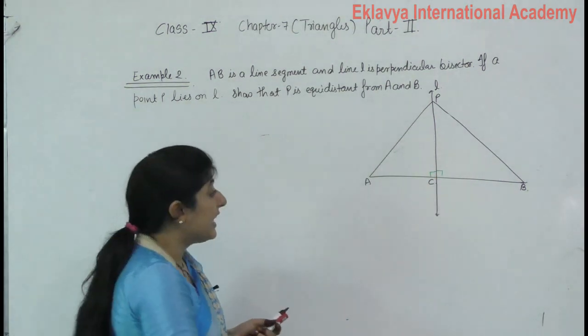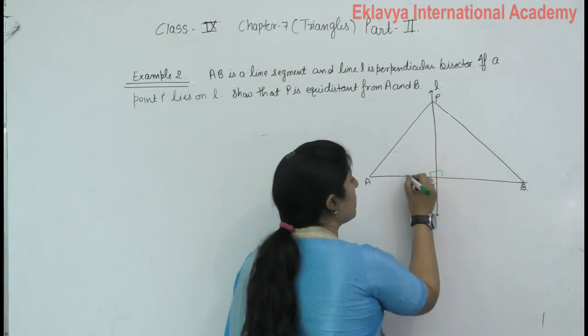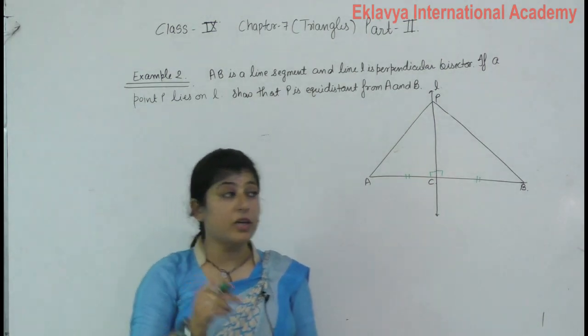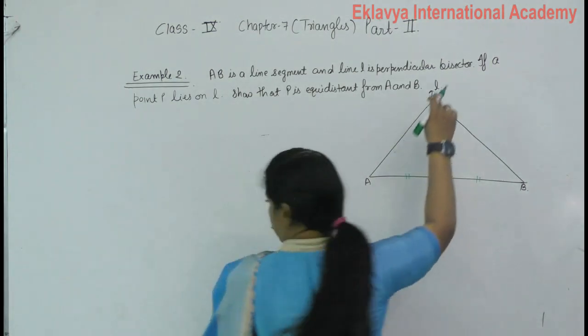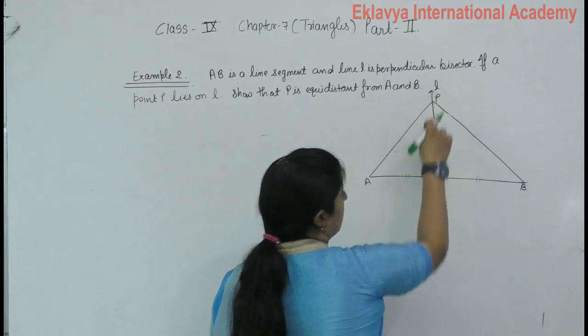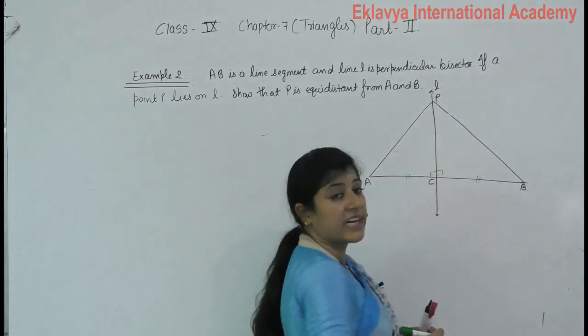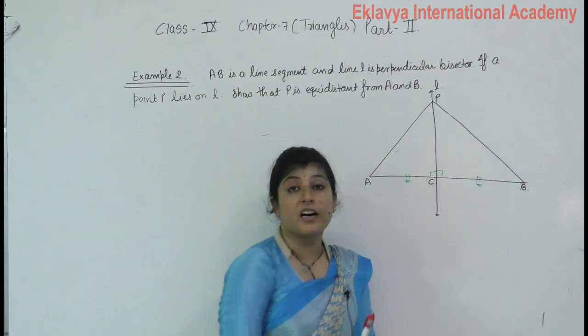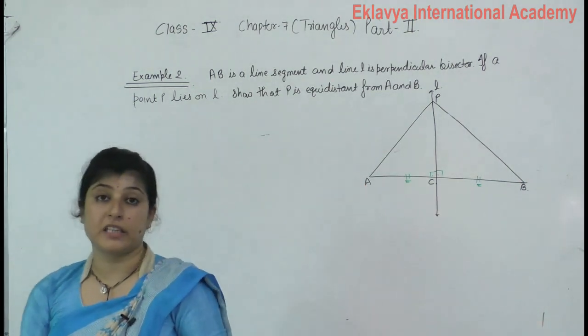Bisector means it divides this line into two equal parts.